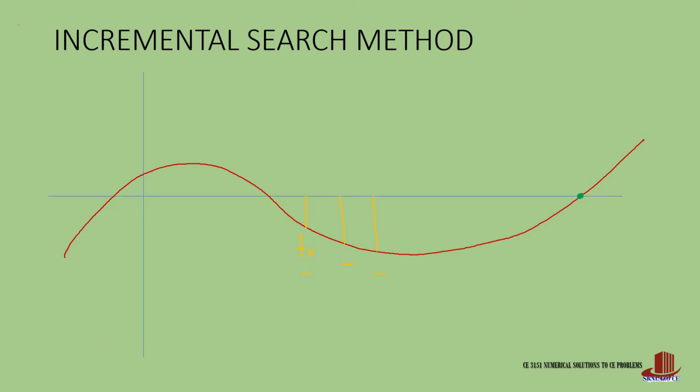Here, still negative, getting closer, but still negative. Take another point of x, still negative, until such time that you reach the range where later on it would turn positive. With the change of signs, we can say that we are going to take these two as our upper and lower limits for this method.